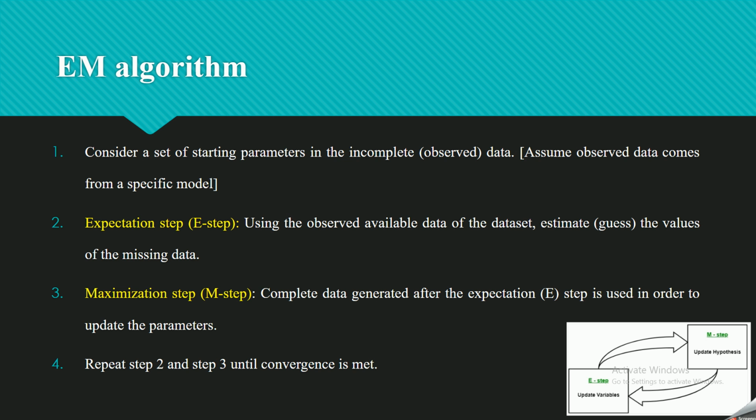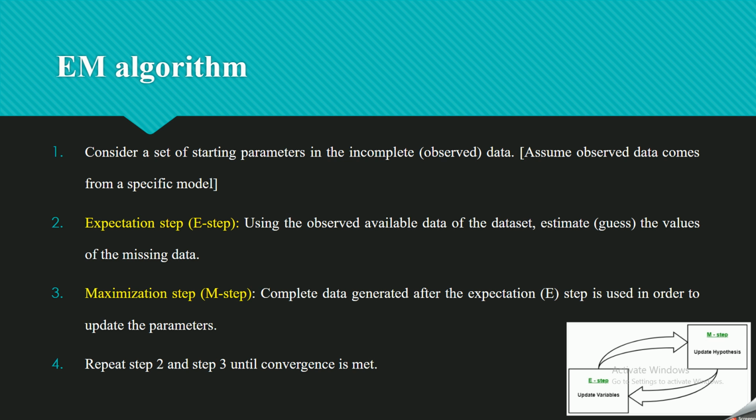And we assume the observed data comes from a specific model. This is nothing but our initial hypothesis. Make a note of it. Assume observed data comes from a specific model. This is the assumption or the initial hypothesis that is considered in expectation maximization algorithm.